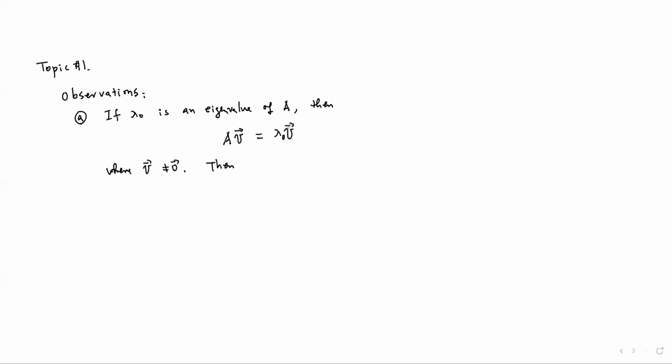Now I move the right side to the left side. Then I have this equation. Now, factor out V. Before I factor out V, the second term, I write it as lambda 0 times the identity matrix times V. Now, factor out.